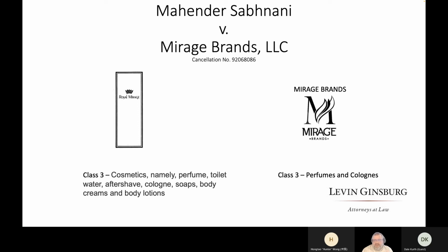And since the one on the left had priority, they were able to seek cancellation, and in fact succeeded. So they brought a cancellation action and won against both of the registrations on the right. Kind of a fun fact.